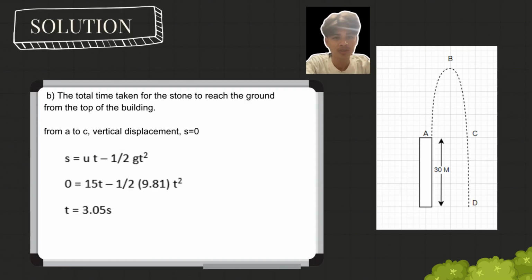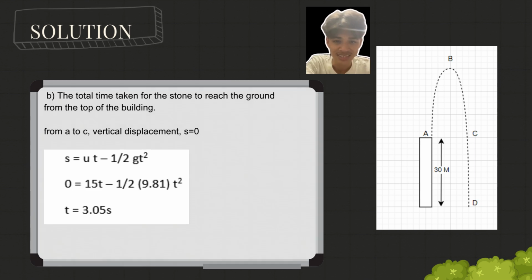Second question, the total time taken for the stone to reach the ground from the top of the building, from A to C, vertical displacement, which is s equal to 0. I use the formula s = ut - 1/2 gt². After keying in all the information, we get the time, which is 3.05 seconds.